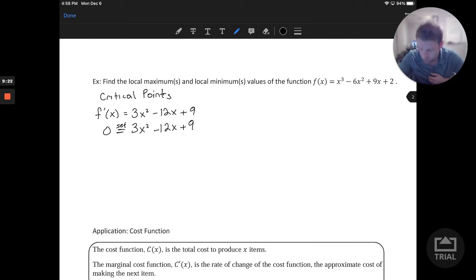With setting this equal to 0, it looks like we have a quadratic function to work with here. And the first thing we might be able to see is to factor out a factor of 3 here. We can say that 0 is equal to 3 times x squared minus 4x plus 3.